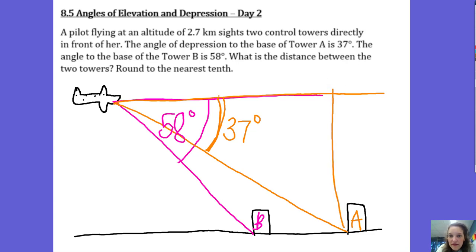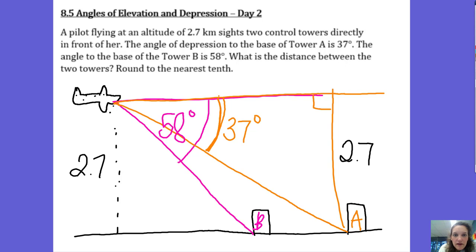So we have this right triangle and our pilot is flying at an altitude of 2.7 kilometers. So our airplane is 2.7 kilometers above the ground. That's what the altitude means. It's the distance above the ground. So I'm just going to slide that over here.